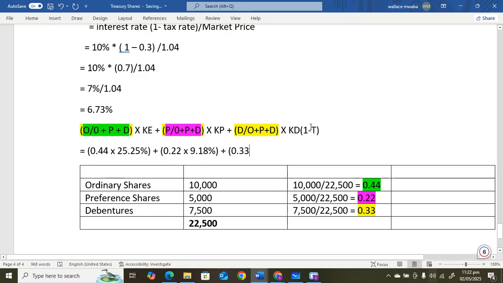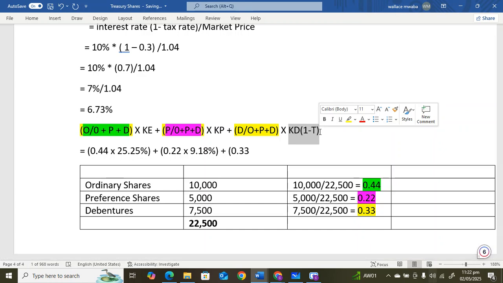So now here, do not do this 1 minus t again. This is just the after tax cost of debt, which is 6.73.